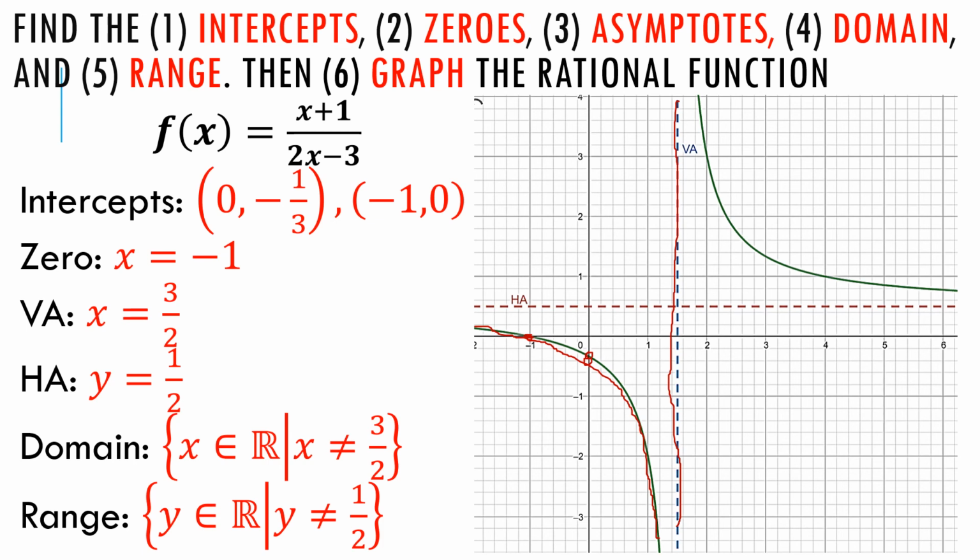Ang range naman niya, lahat ng y values meron. Sa pataas, meron siya. Maliban na lang dito. Walang value or hindi talaga nag-cross yung graph at 1/2. So, parang connected yung horizontal asymptote at saka yung range and yung domain and vertical asymptote for this graph or for this rational function.